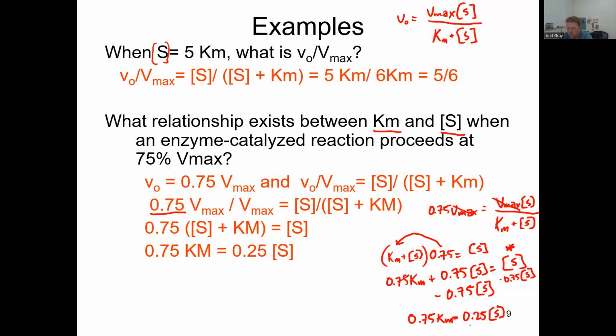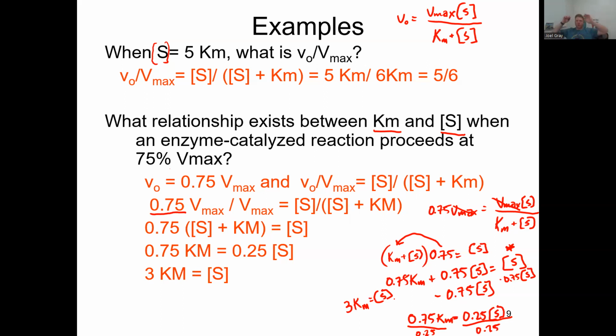Then what we can do is divide each side by 0.25. And we can say that, well, 3 times Km equals our substrate concentration.